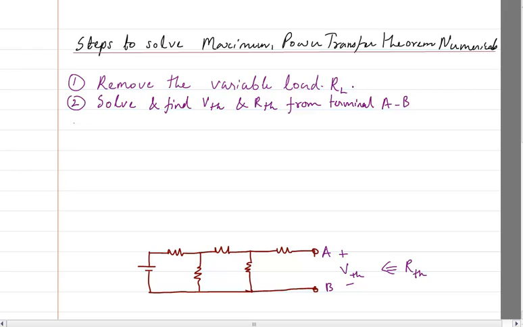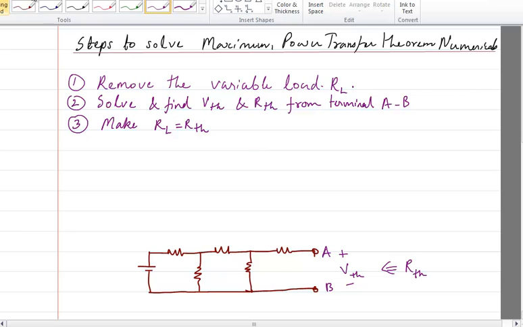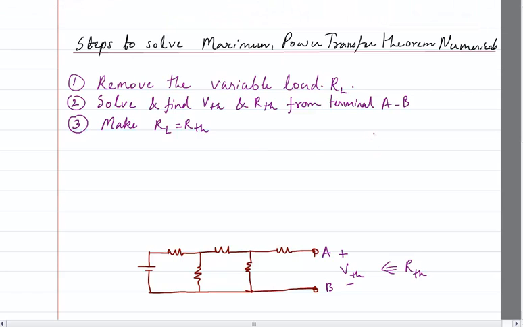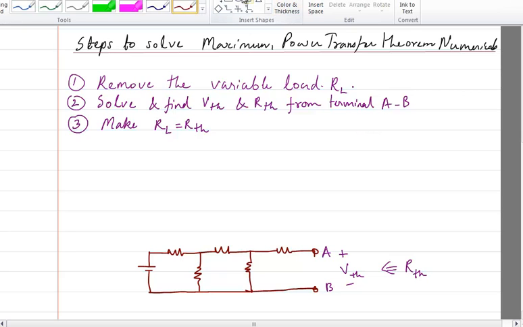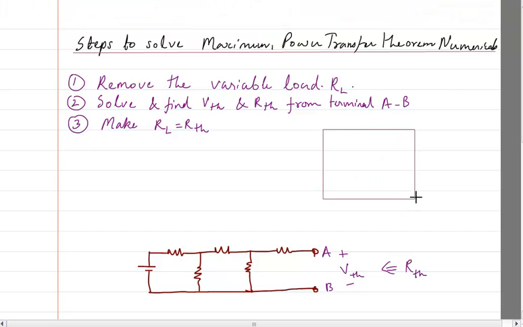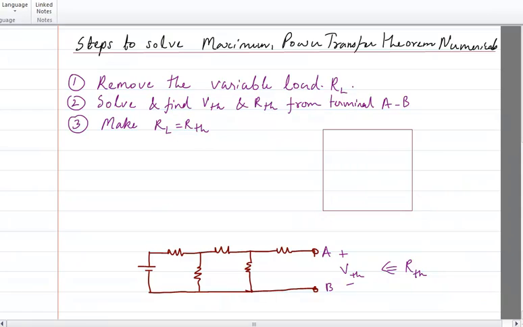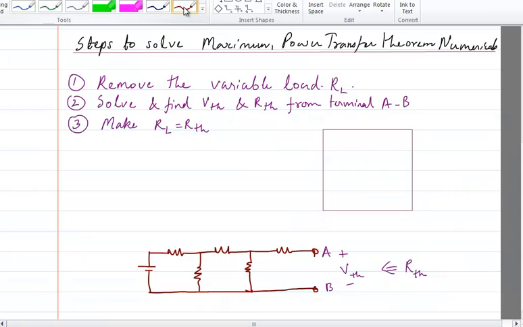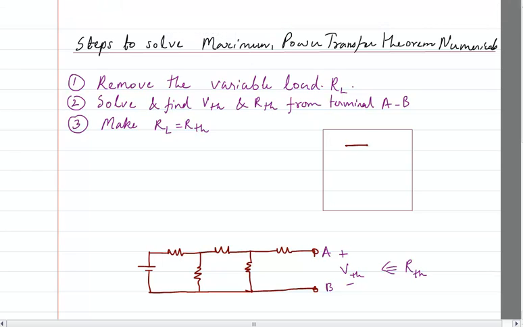Then the third step is make RL equal to RTH. So how does the diagram look like? We are basically converting the network. Let me draw it. Suppose if this is the network, that network we have now converted into a Thevenin's equivalent with RTH and VTH.